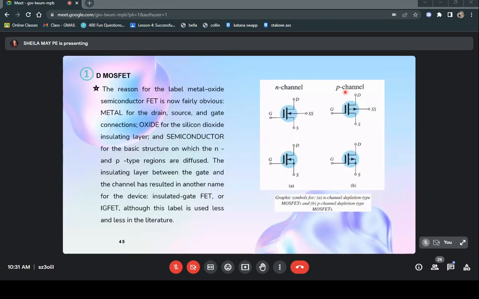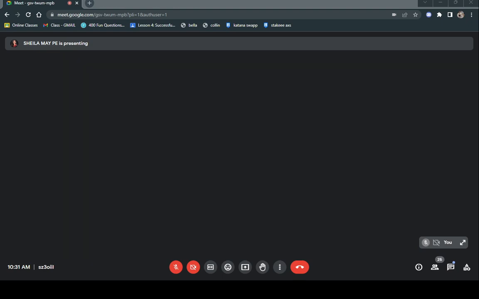Yes, ma'am. Okay, now for the N channel, we have here the symbols. This part here is the N channel and this part here is the P channel. Now for this part, remember I said that some devices have a supported substrate terminal. This one here. And right here is the one that is connected to our source.